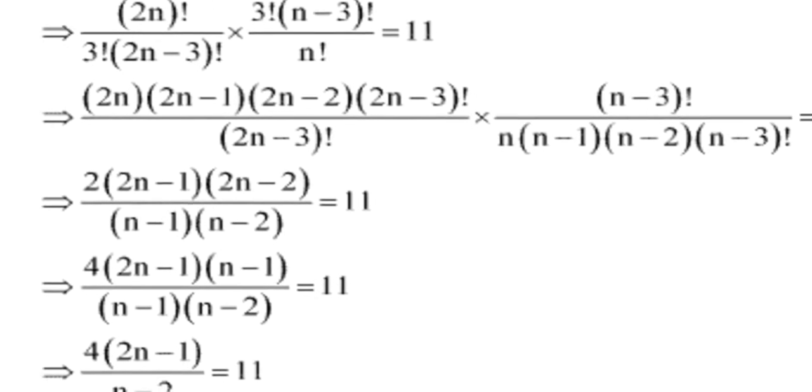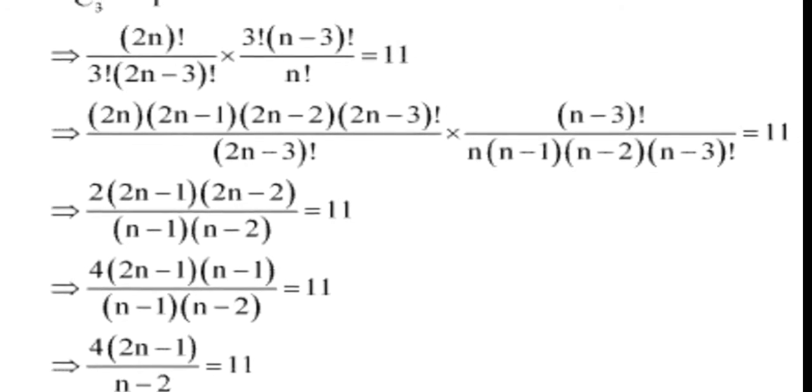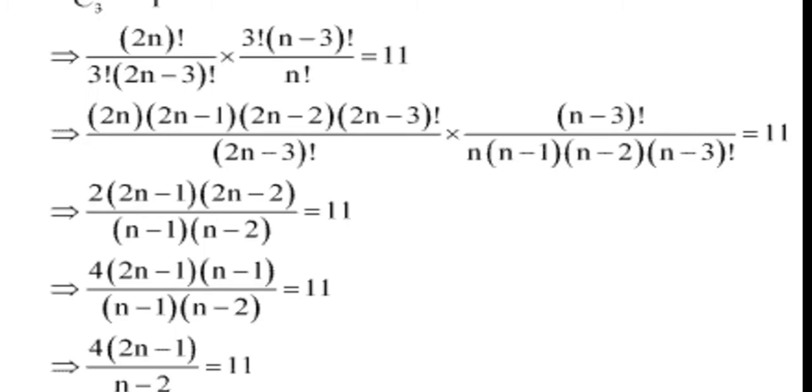Now students, factorial 2n we can expand like this: 2n into 2n minus 1, 2n minus 2 into factorial 2n minus 3. We keep it up to factorial 2n minus 3 so that we can cancel it with the denominator.